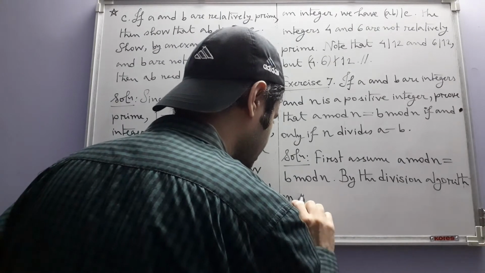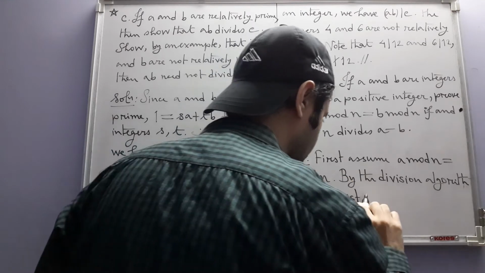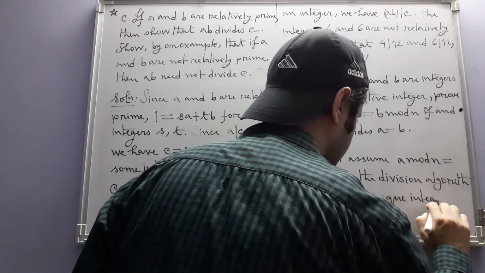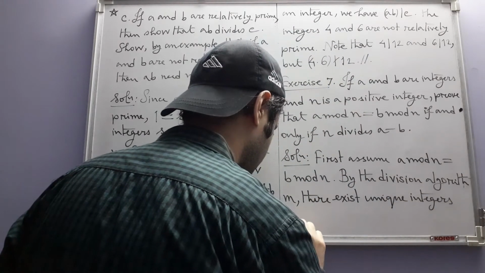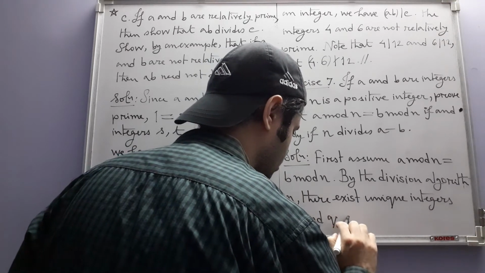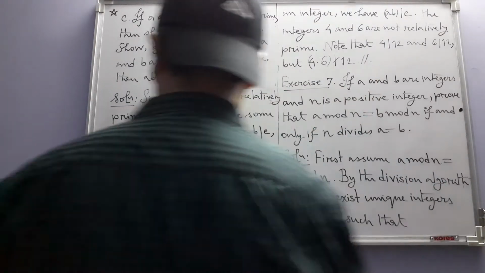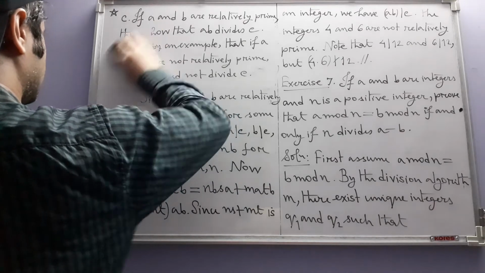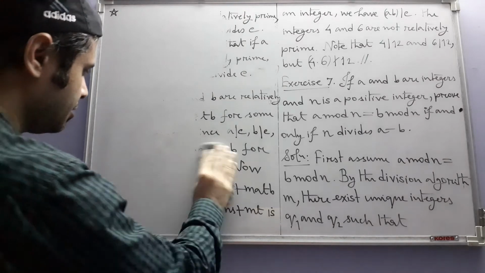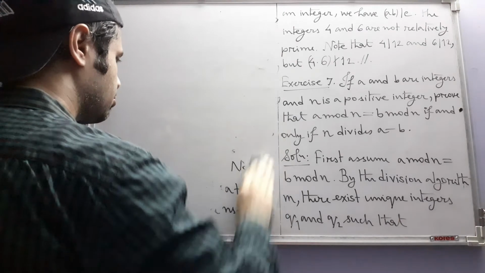By the division algorithm, there exist unique integers q1 and q2 such that we are going to divide A and B separately by n, and in those divisions q1 and q2 are the quotients.